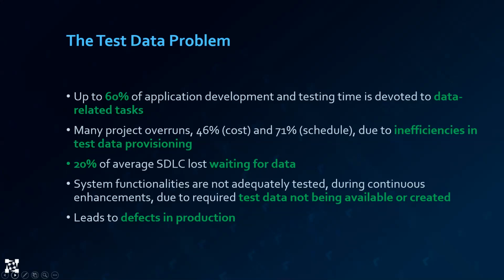So ultimately, that's going to lead to defects in production. And actually also, if you're using production data, it could lead to violations of GDPR and PII requirements if your test data potentially leaks out of your test environment as well.